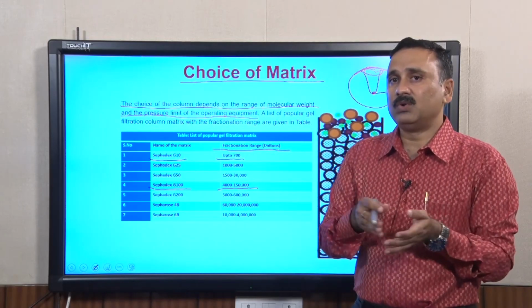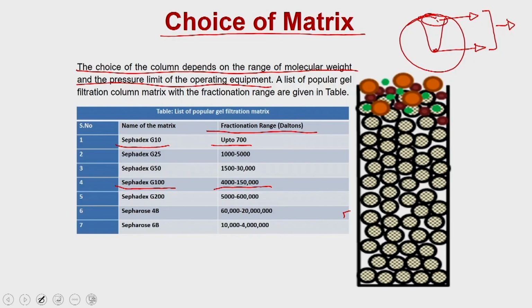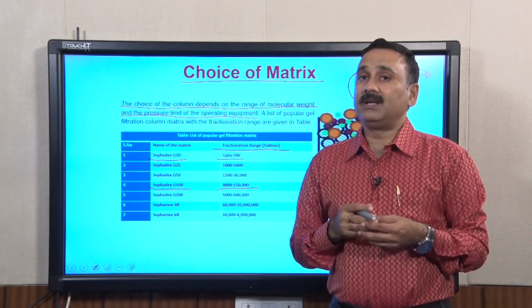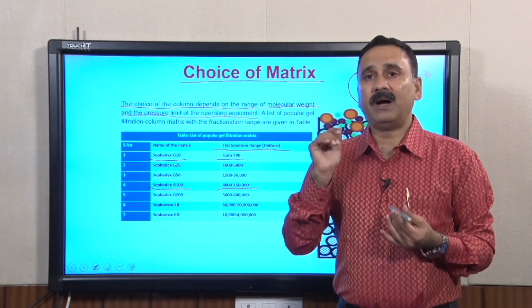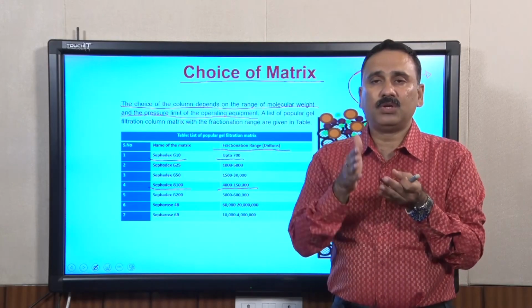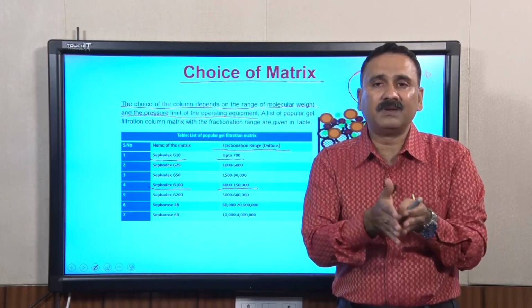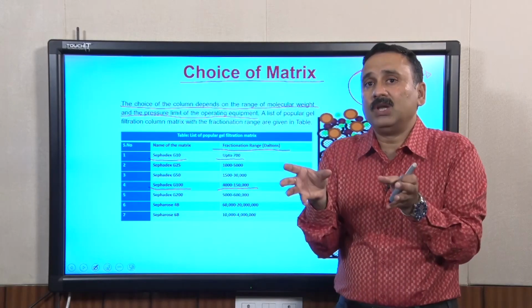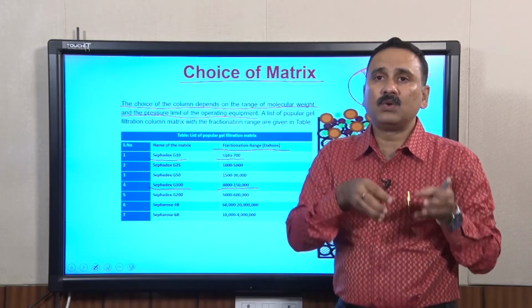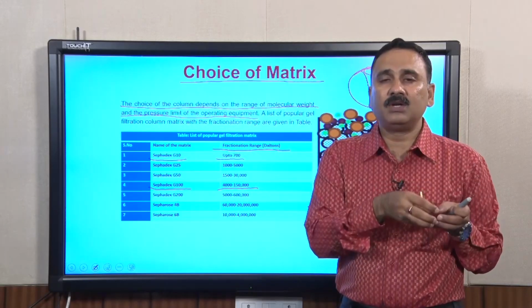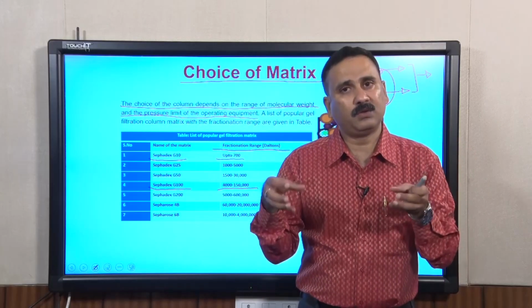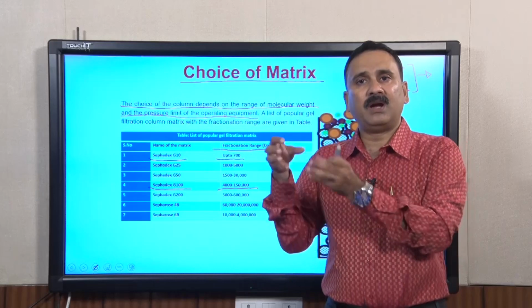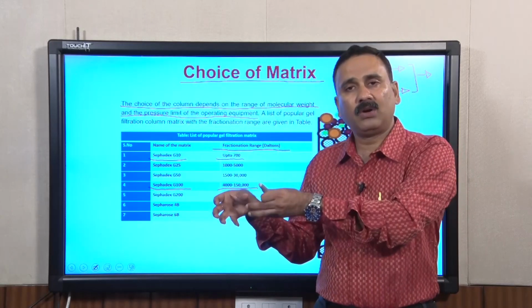But if you take molecules larger than this, for example a molecule of 180 kilodalton, that does not mean that 180 kilodalton will not be resolved. But if you look at the separation between 150 versus 180, these two molecules will come together compared to resolving 120 and 150. The difference between 120 and 150 is also 30 kilodalton, and the difference between 150 and 180 is also 30 kilodalton.